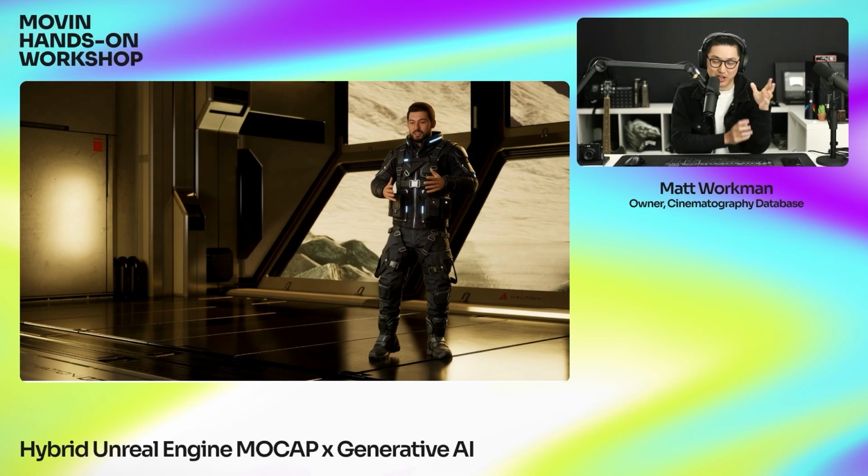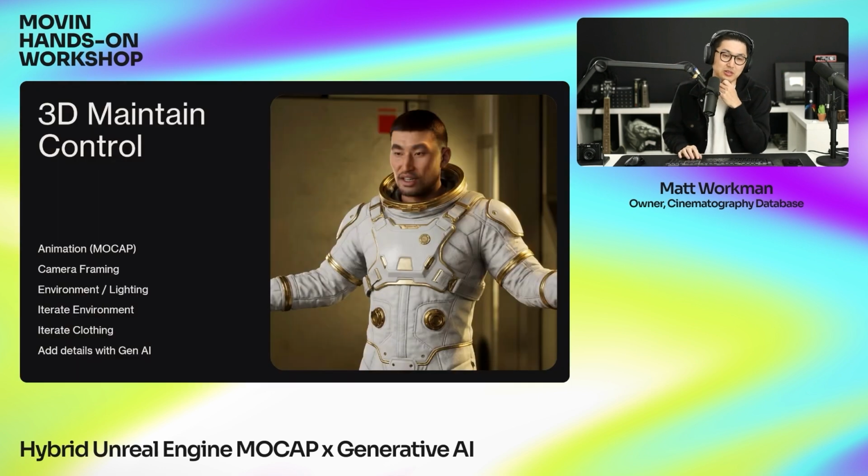I've done other tests where I'm touching the table and my mocap hands are kind of going through, not touching it. Forgivable, you could clean it up, but then you run it through the AI system and it latents it or whatever, and now the hands are perfectly touching the table. Stuff like that, hair collisions and so on. Of course, there are the hallucinations and the weird stuff, but a lot of it, it's like, oh okay, it kind of fixed it a little bit. Sometimes good, sometimes bad.